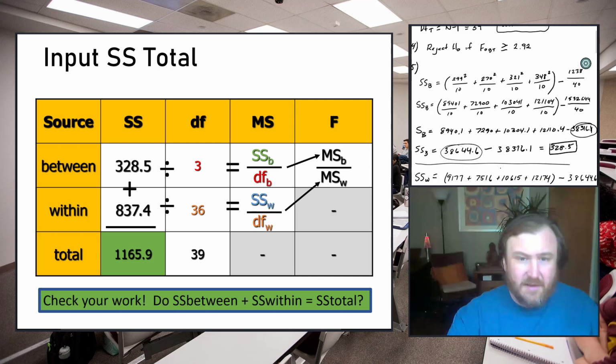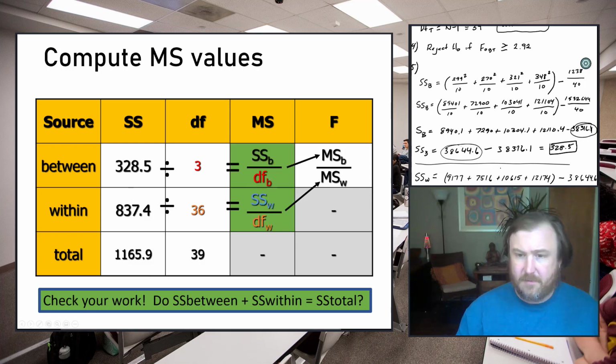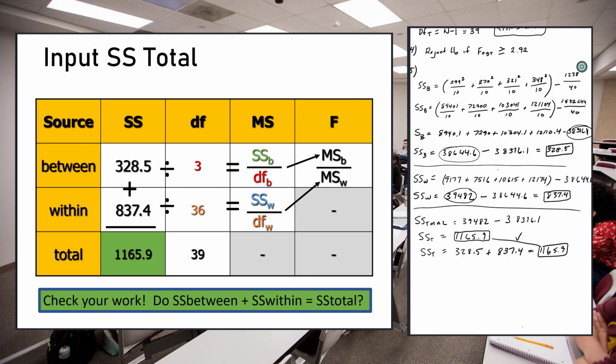Okay, so now we have sum of squares total complete. And so the next thing that we want to do is compute our mean square estimates. So the mean square between represents the estimate of the population variance explained, and the mean square within represents our estimate of the population variance that's unexplained.